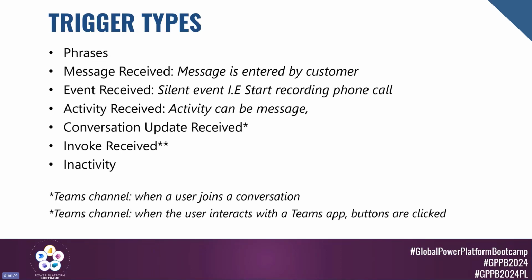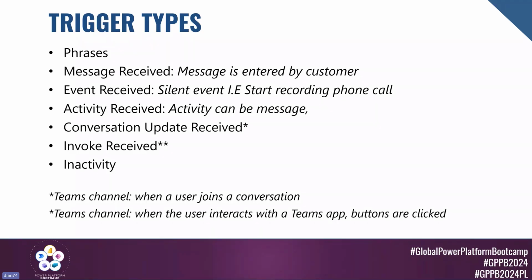So the first one that I just talked about were the phrases, where somebody actually says something and then Power Virtual Agents, no, Copilot Studio will then know which topic it should take that customer or that prospect to. There's also other trigger types now, and that's actually pretty new. When a message is received, what do we want to happen when a message is entered by a customer? There's also silent events.